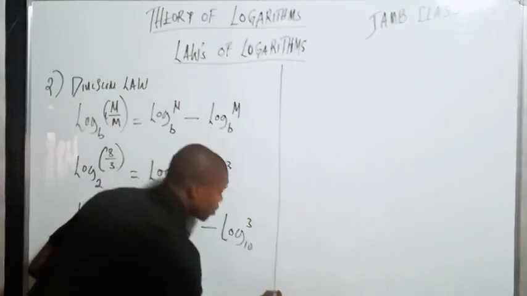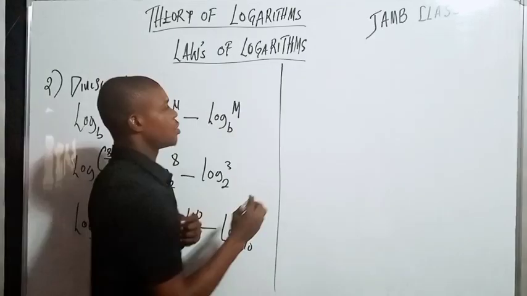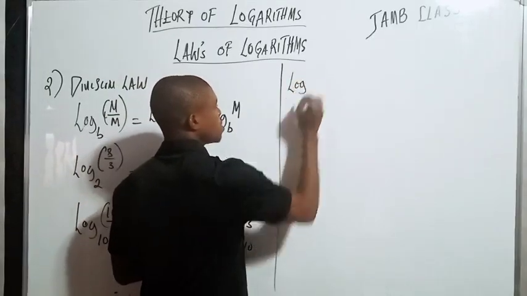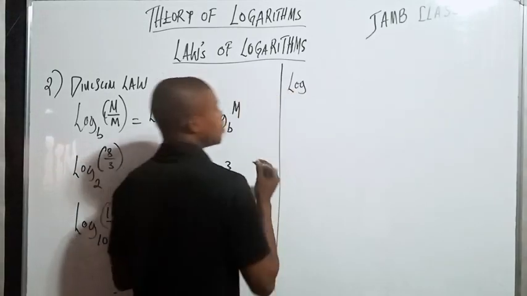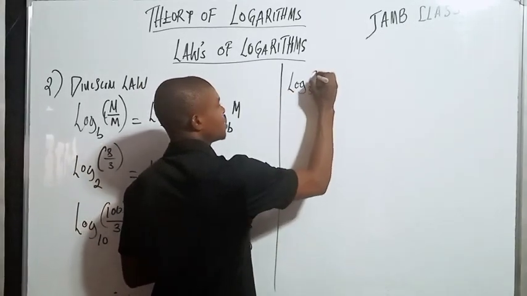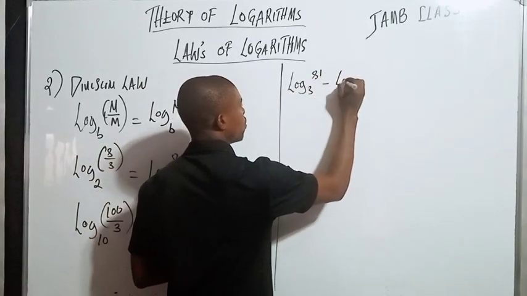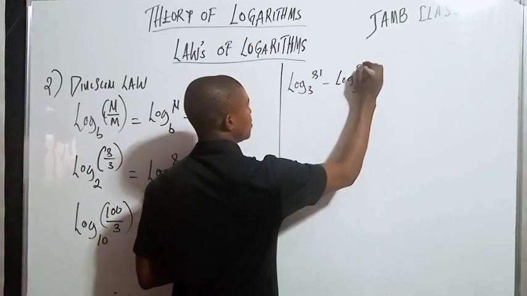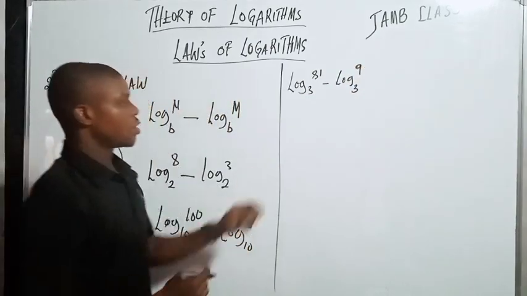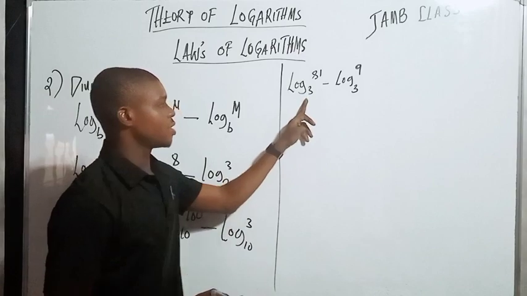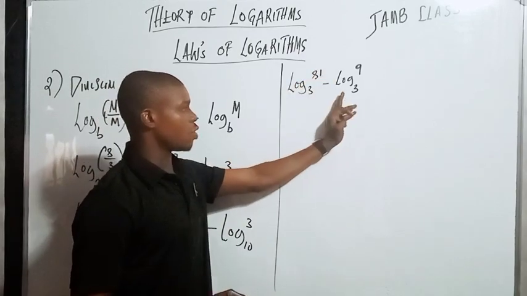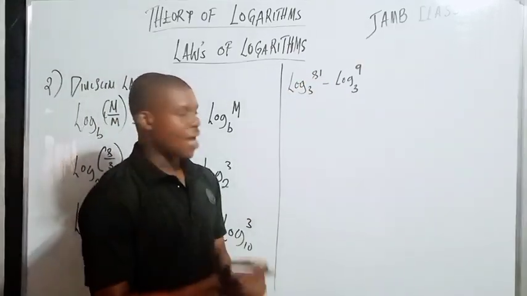What if you have something like log base 3 of 81 minus log base 3 of 9? How do you evaluate it here?